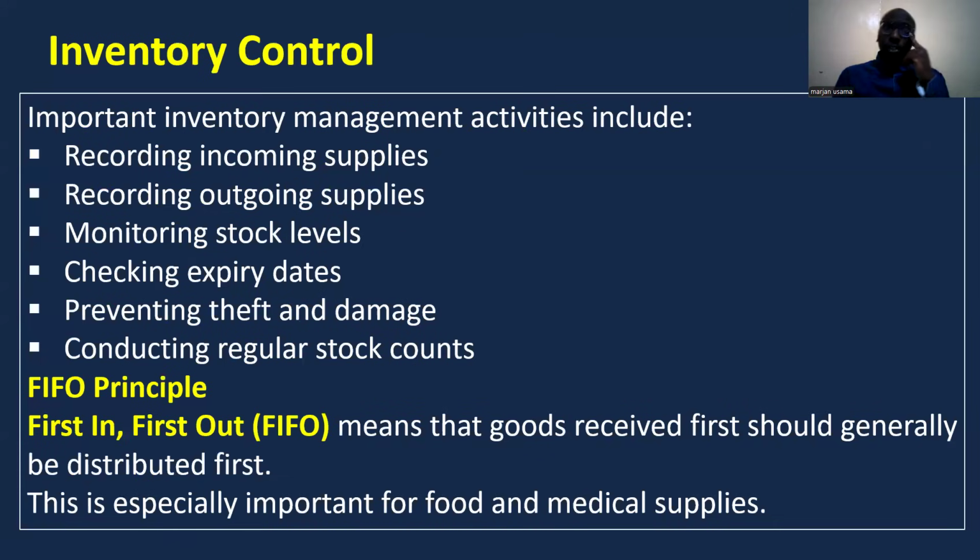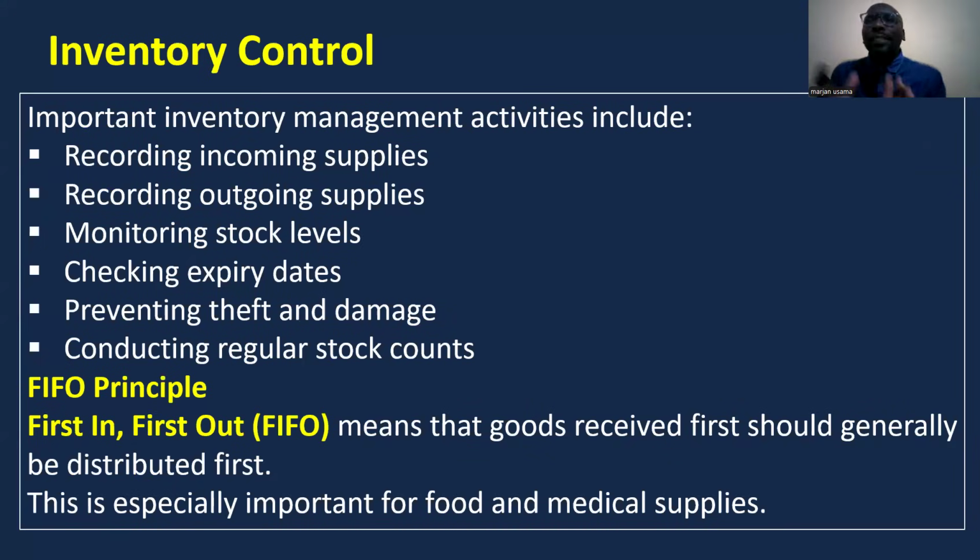Now, inventory control. Important inventory management activities include what? How can we basically control the things in our warehouse or in our stores? Number one, recording. Recording is all about tasjil, recording incoming supplies.